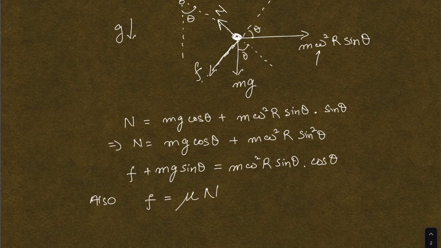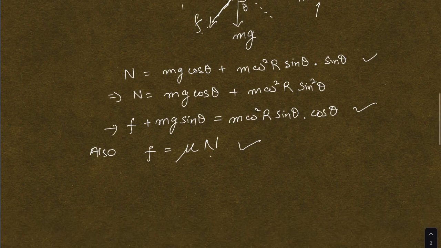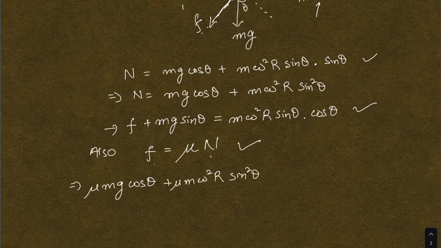Remember that mu is a given quantity in the problem. So we can use these three. We can substitute the value of F and n inside this equation to obtain mu mg cos theta plus mu m omega square r sine square theta plus mg sine theta equals m omega square r sine theta cos theta.